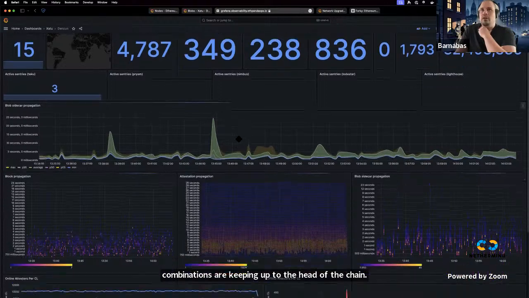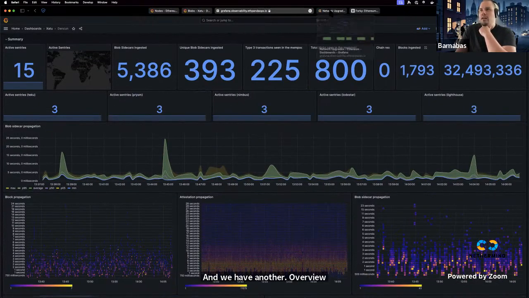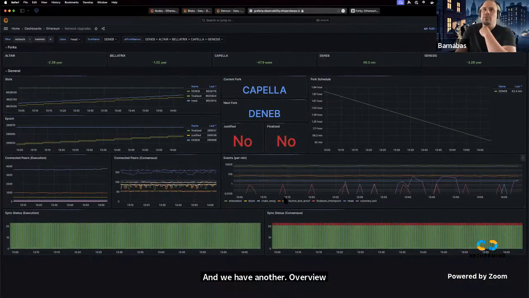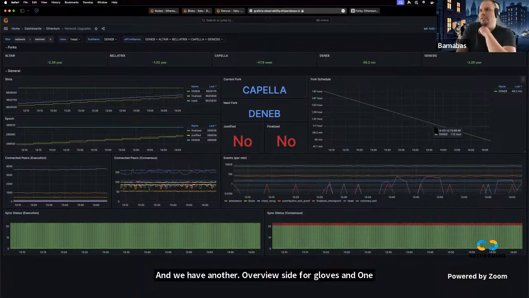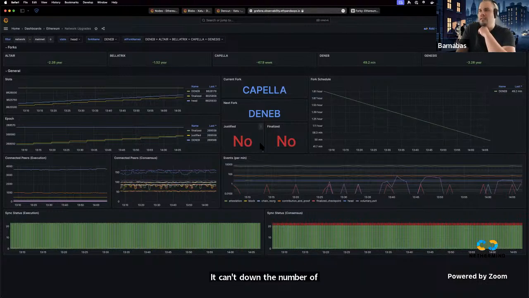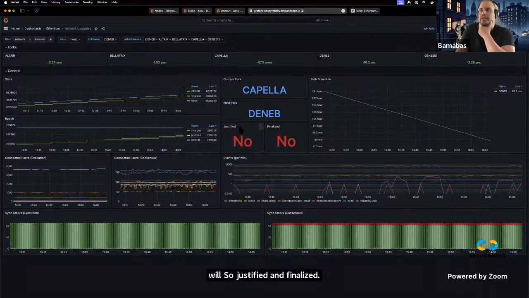And we have another overview site for the blobs and one more update tracker, which basically shows the fork schedule. It counts down the number of seconds till the fork, and it will show justified and finalized once the fork has become finalized.